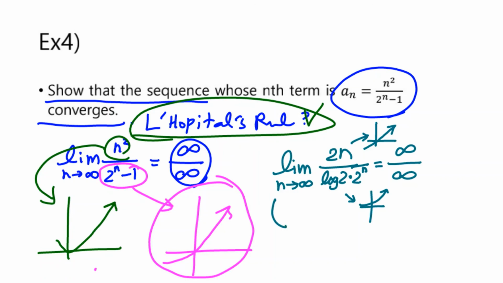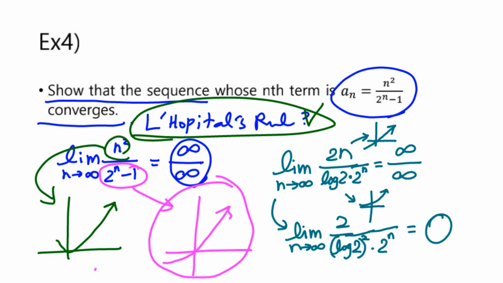The limit as n goes to infinity of 2n becomes 2, and the denominator is log 2 squared times 2 to the nth power. So now we can say that it converges to 0.